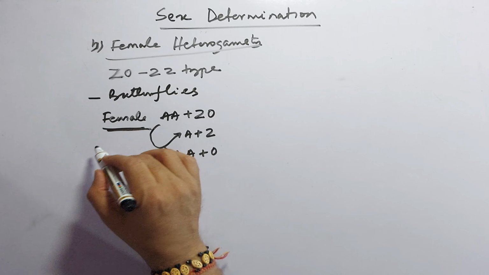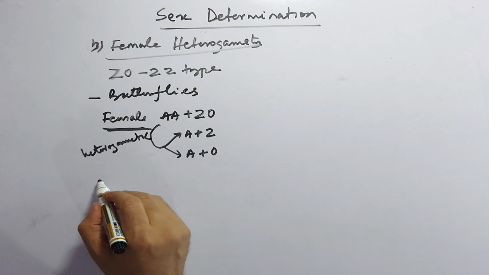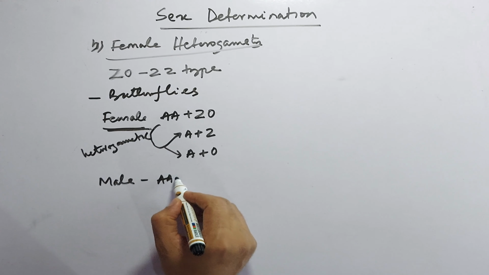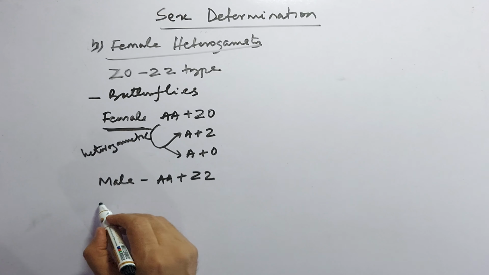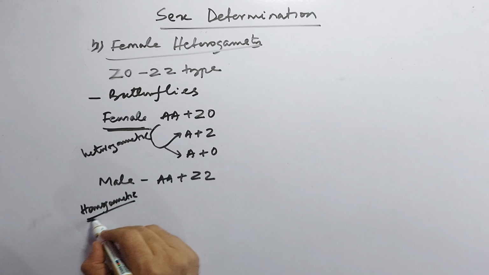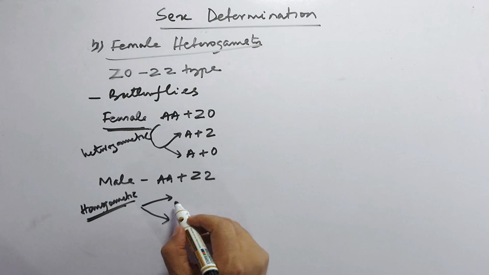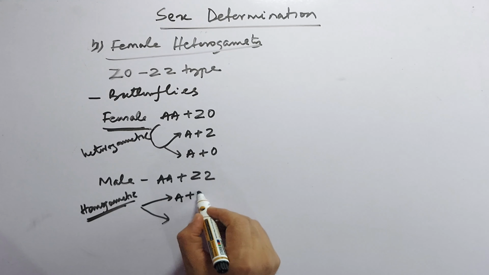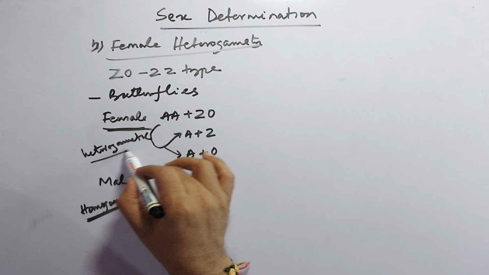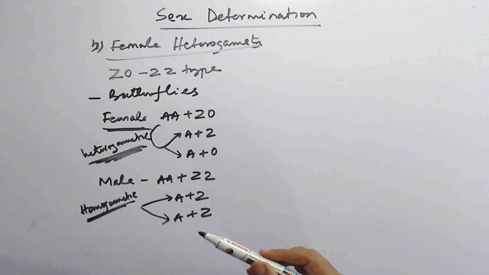The female is heterogametic and the male is two sets of autosomes plus ZZ, and this is homogametic. This will produce two same type of gametes, A plus Z. We are giving emphasis here, the female heterogamety is there.